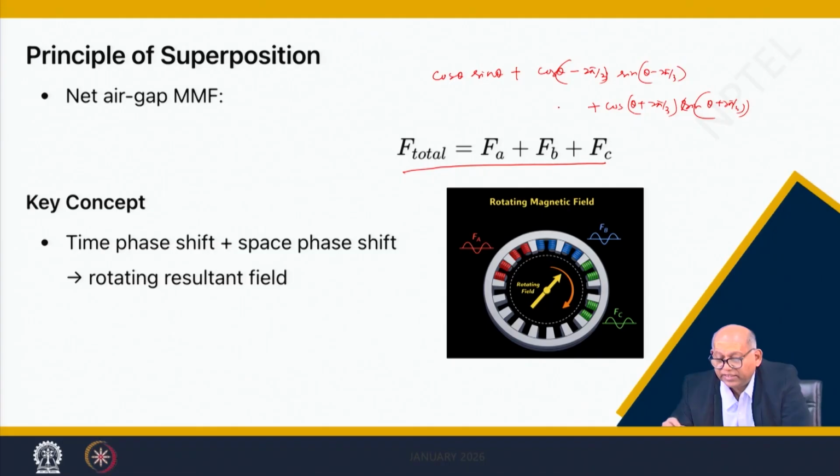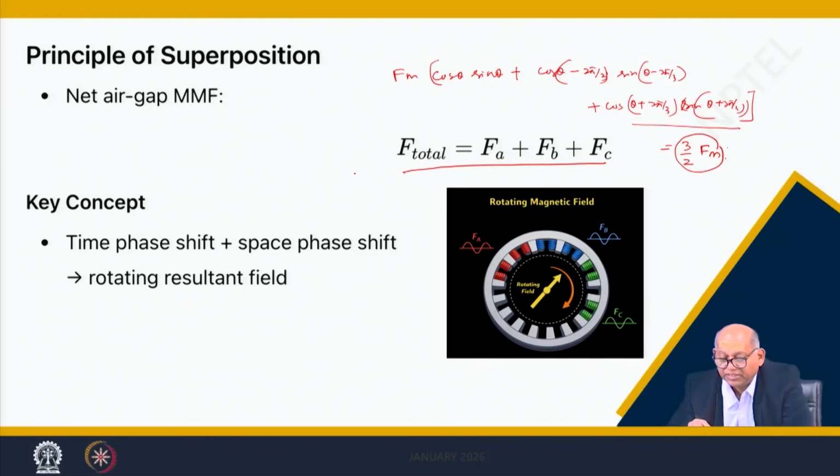You can just expand this and expand this. So common Fm, eventually it will be 3 by 2 into Fm. This is what you will get. You please check it out.